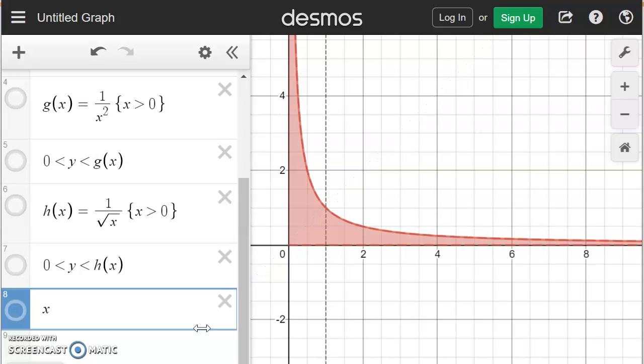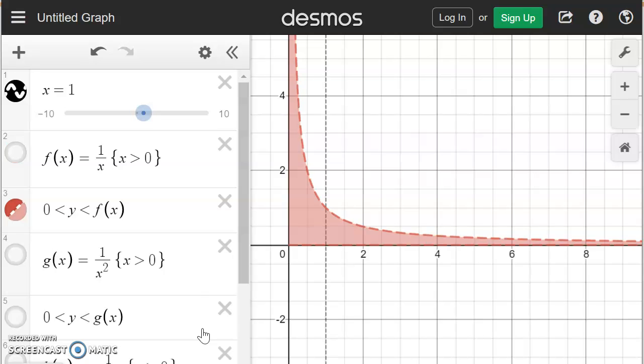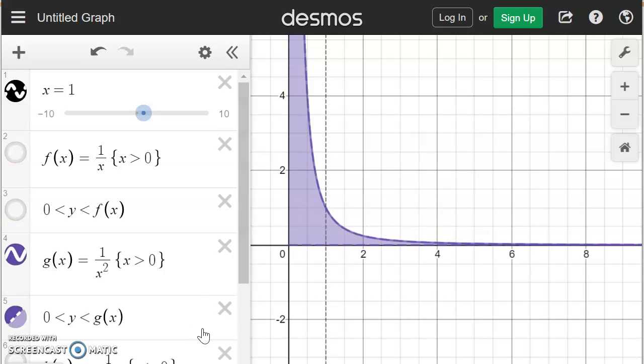But let's take a look at 1 over x squared. Remember that the area to the right of x equals 1 was finite; it equaled 1. Whereas now we're trying to figure out the area over here. Notice how, while it has a vertical asymptote at x equals 0, it doesn't seem to approach x equals 0 quite as quickly as it approaches y equals 0.